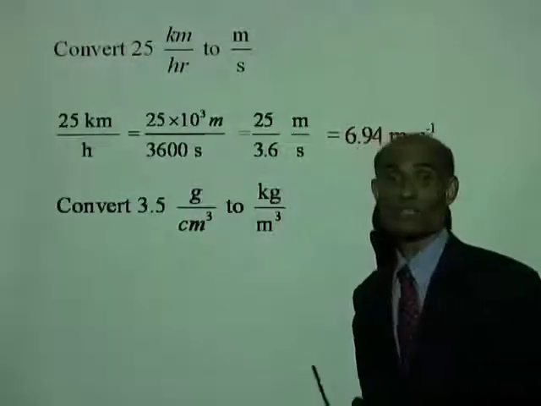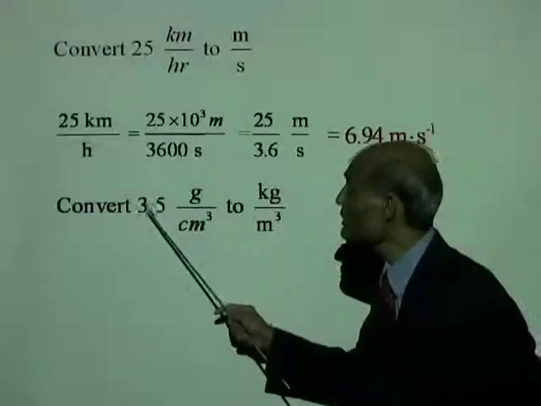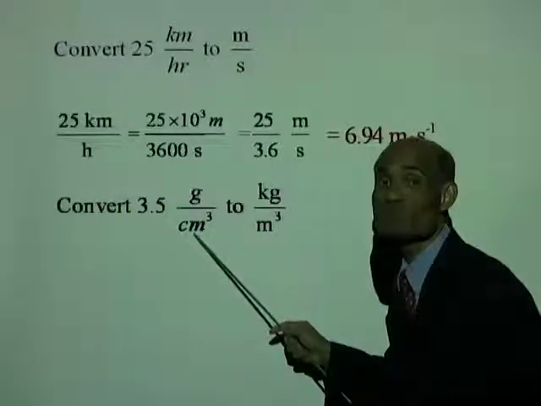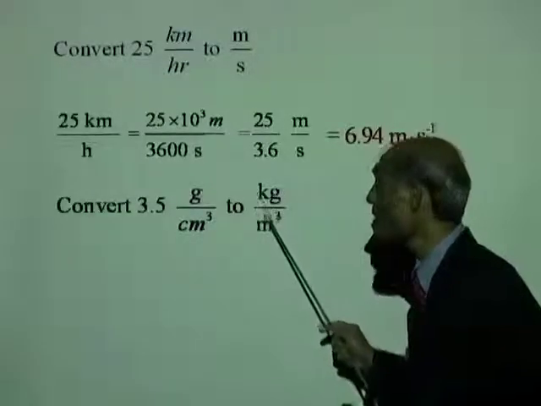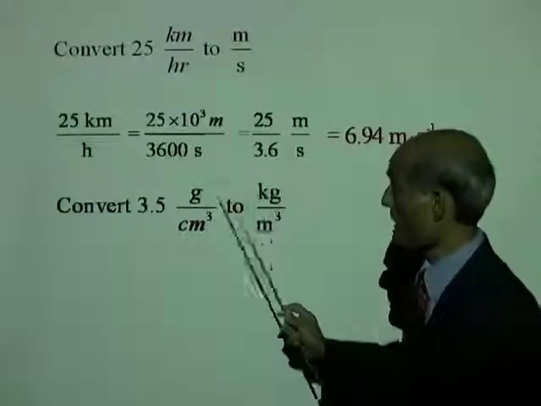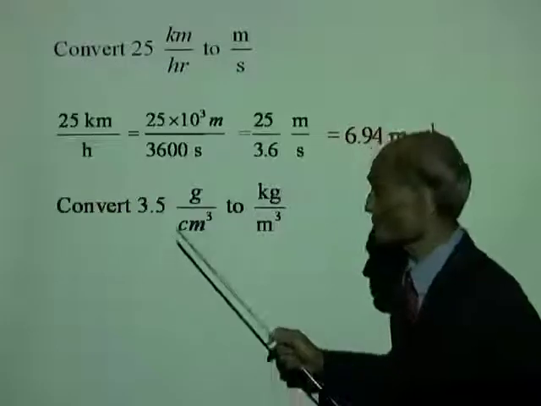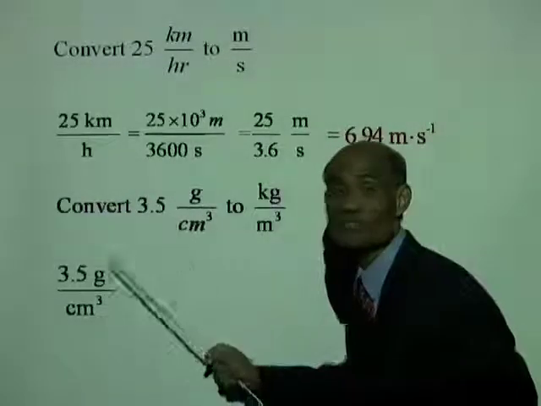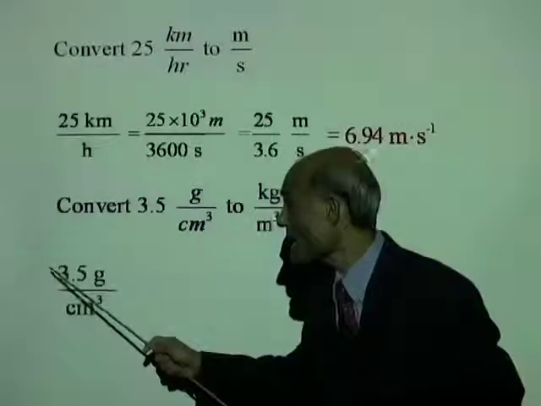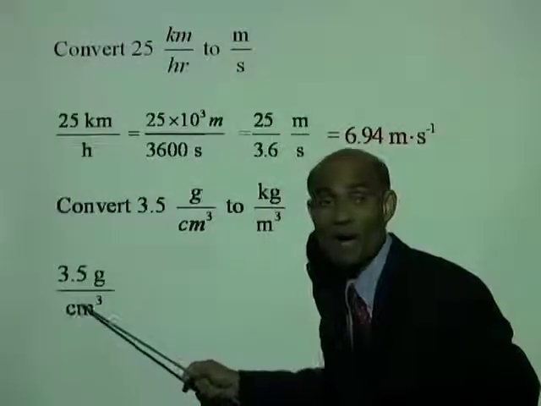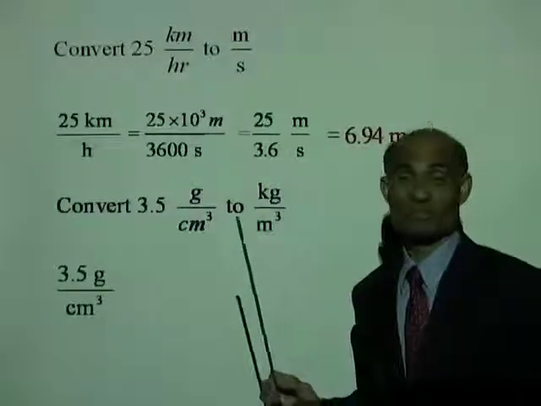Alright, let's do another conversion. Convert 3.5 gram per centimeter cube to kilogram per meter cube. Okay, we will do the same thing. Write it like this. 3.5 gram per centimeter cube is the same as 3.5 gram divided by 1 centimeter cube.